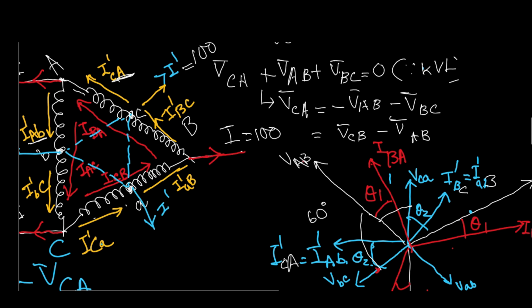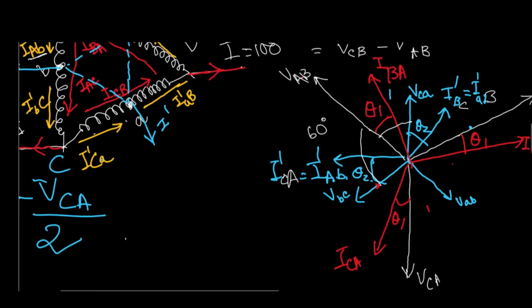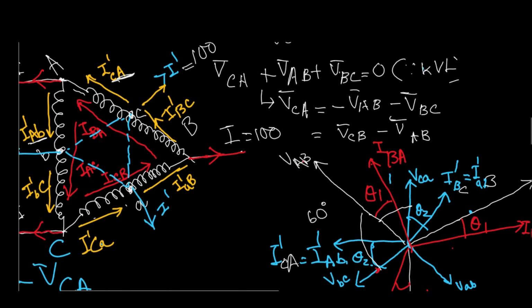Now what is happening here? Another current is which one? This one, that VBC. So what is your VBC? The current I'CA and I'AB should lag it by an angle theta 2.